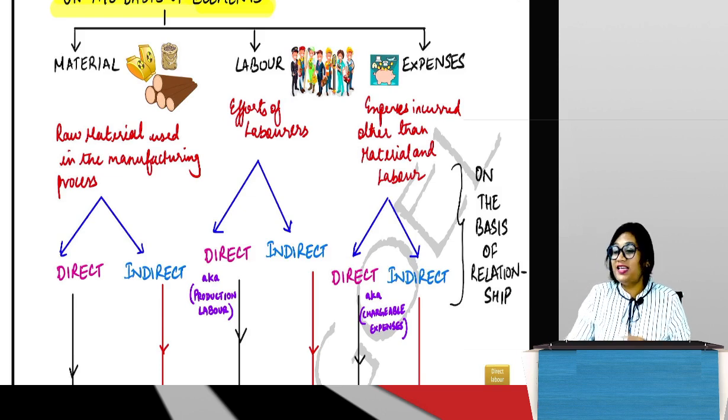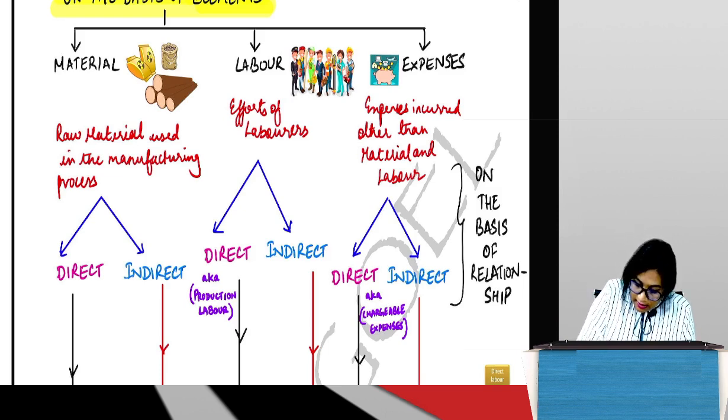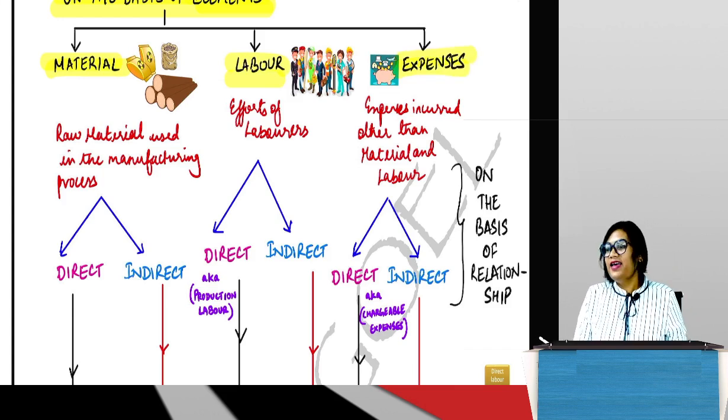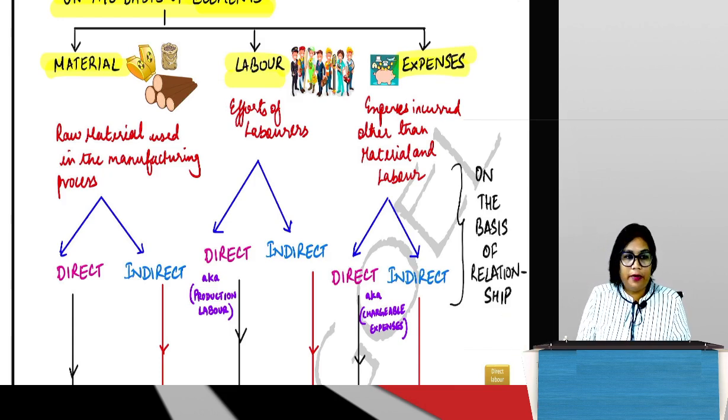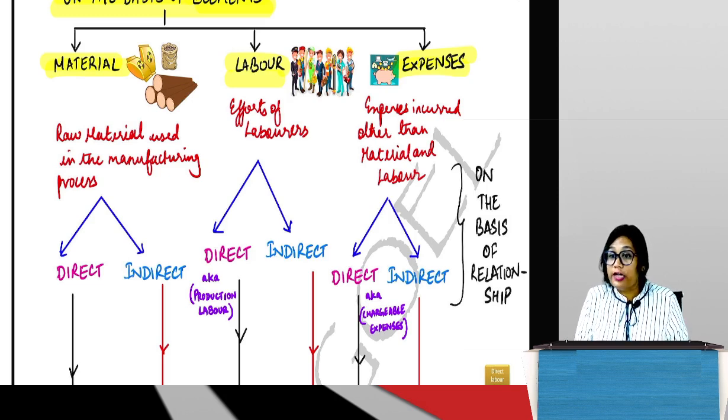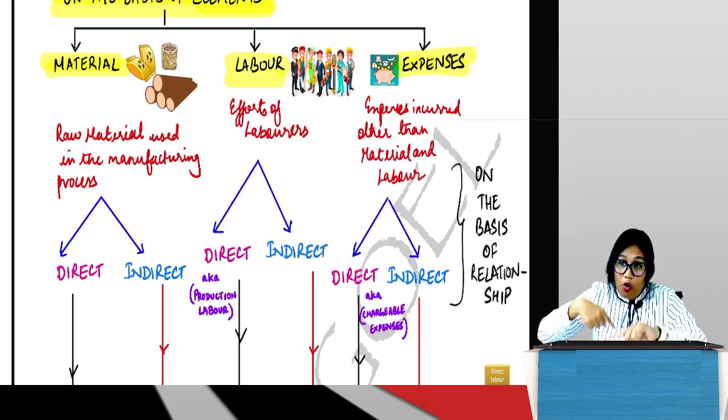So the elements of cost are material, labor and expenses.